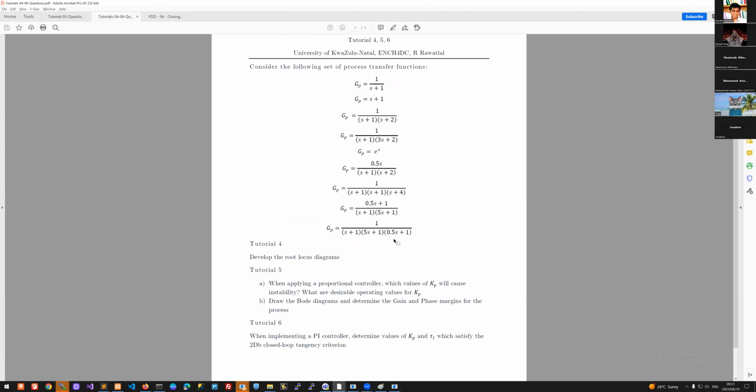So number one, you can run them through the simulator, and number two, you can use that asymptotes method to draw them and see that they agree. So do the asymptotes, calculate the center of gravity, calculate the angles, draw out the asymptotes, and then use the simulator to also run these and see if you get agreement between the two. Okay, so that's your tutorial there.